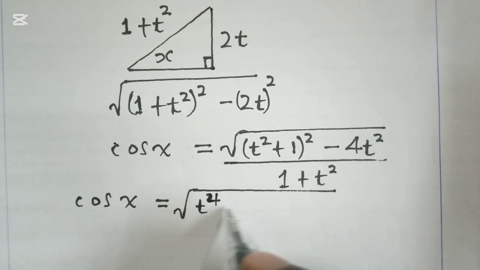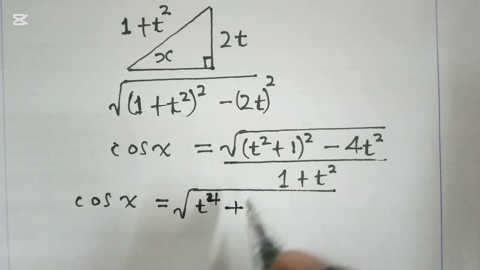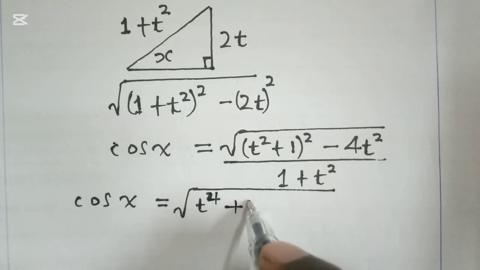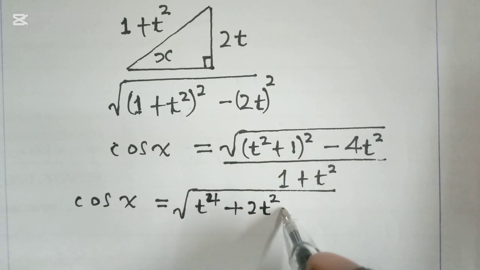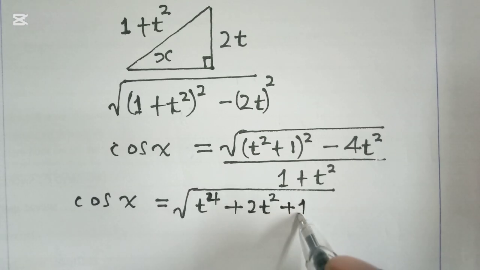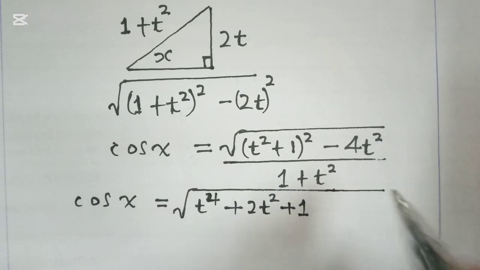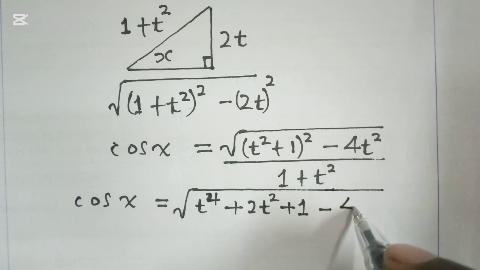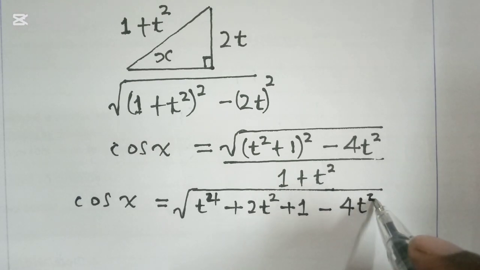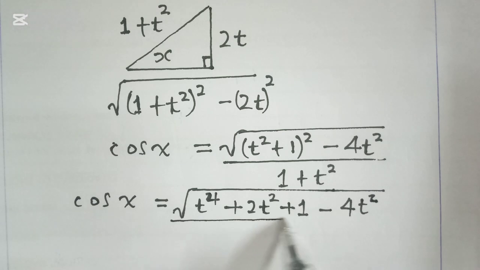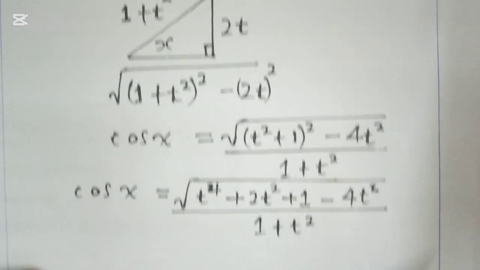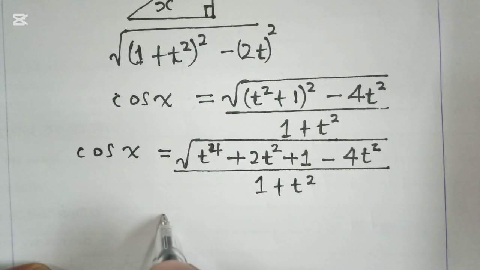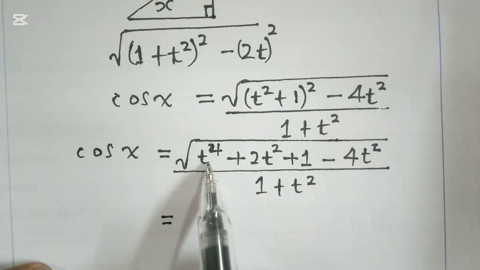So that is 4 plus, this is now going to be 2t squared plus 1, and then we can extend that, minus 4t squared all over 1 plus t squared.